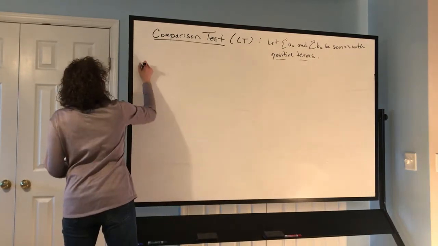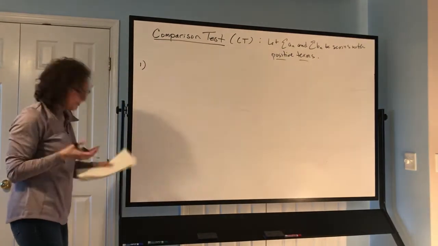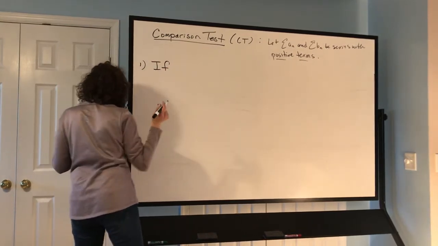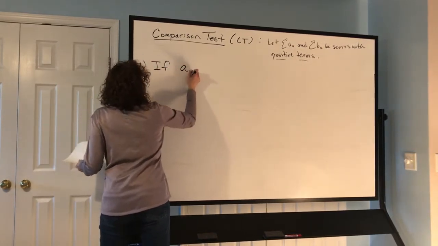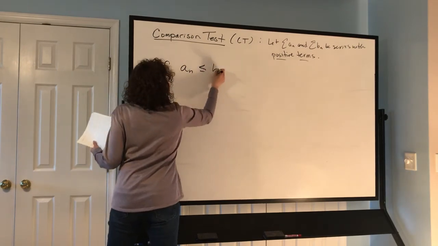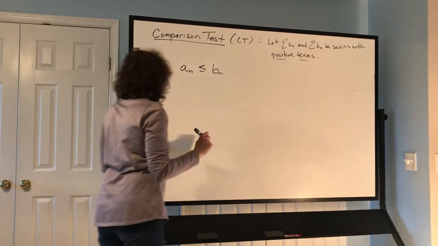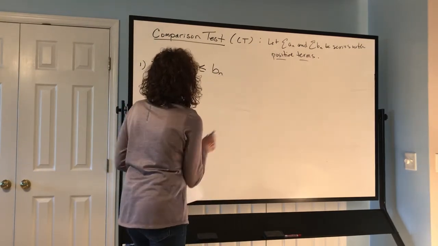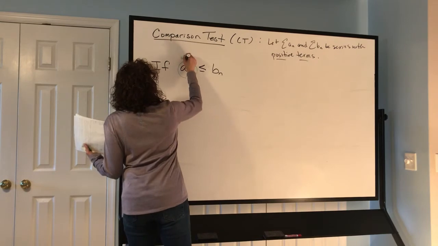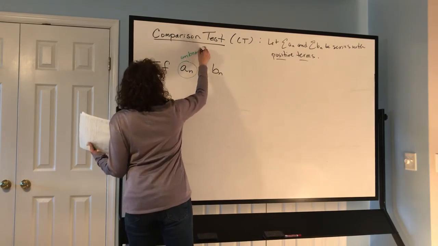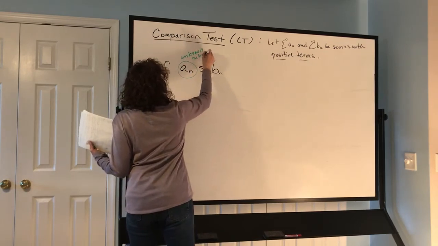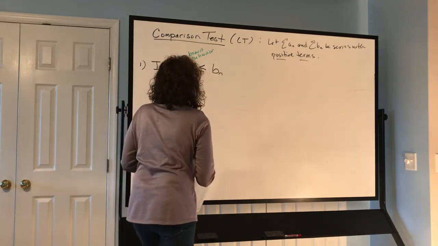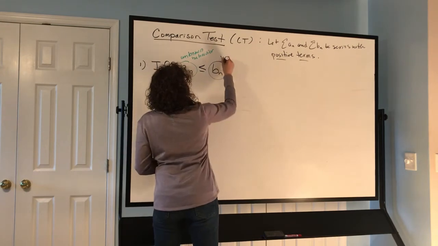What does the comparison test say? The comparison test is two pieces, okay? The first piece says if the a_n's are less than or equal to the b_n's. Now remember, this guy has unknown behavior, and this guy has known behavior.